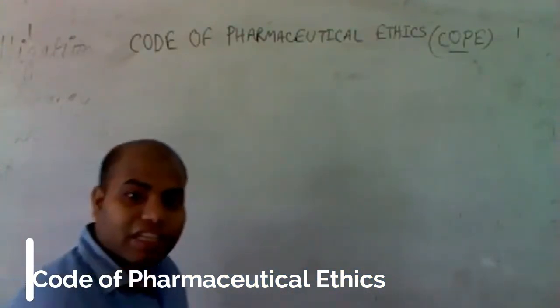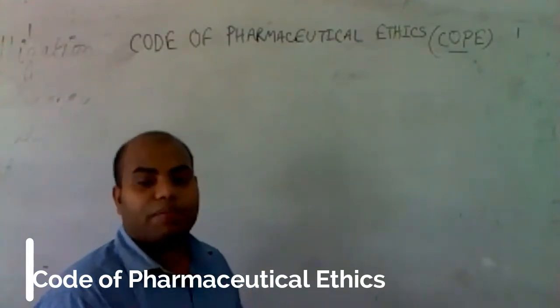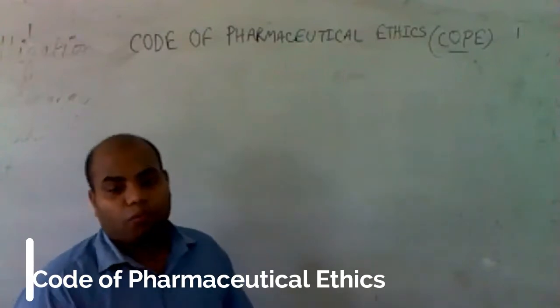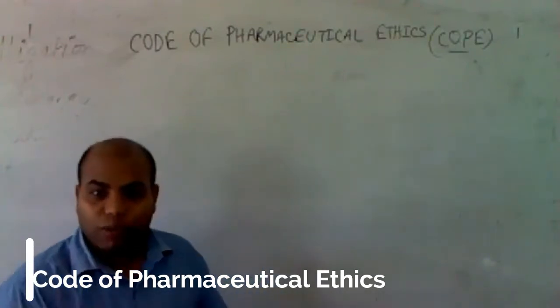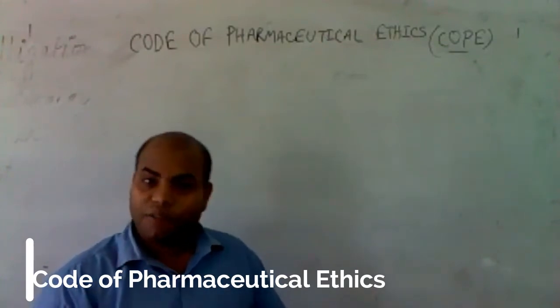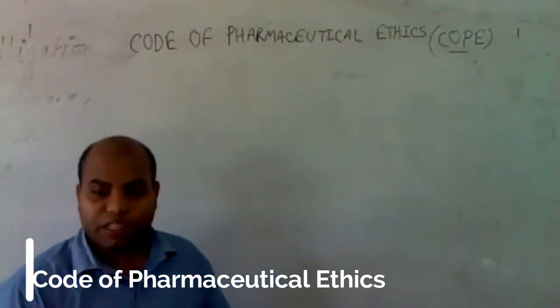Now we'll discuss those four codes of pharmaceutical ethics one by one and how they work for us as a noble profession, how it will increase our professional value as well as the professional ethics.